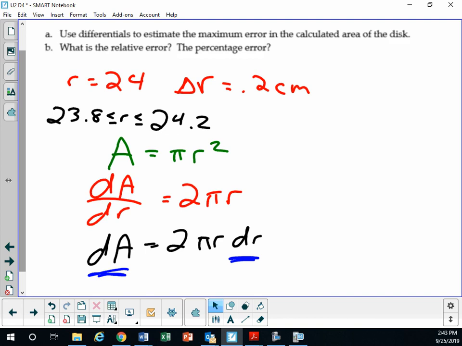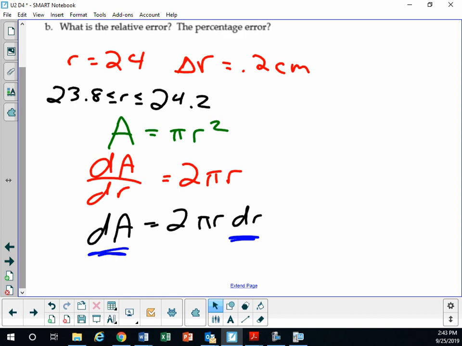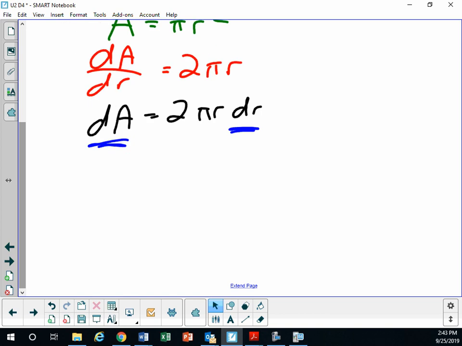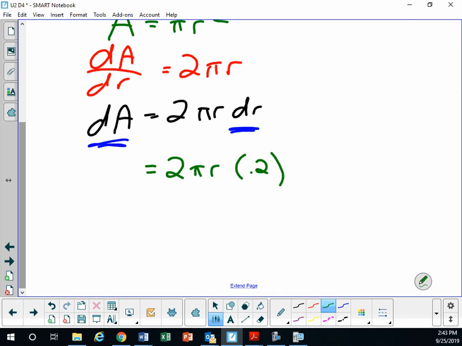There's your differentials. So if those are my differentials, then I can find out what kind of error I'm going to have. The error in the area, because what this is saying is that the change of my R value could be as much as 0.2. But I know what my R value is, so I can actually change that R to 24. So now I can do this math.